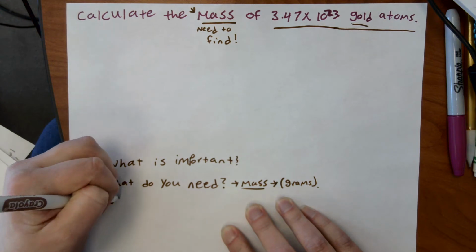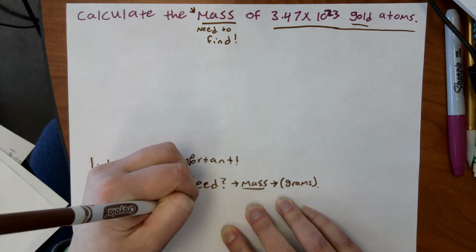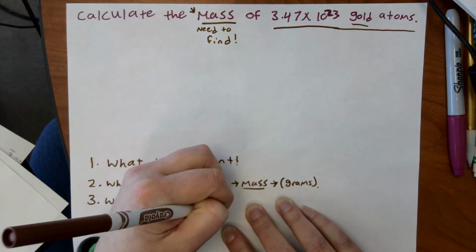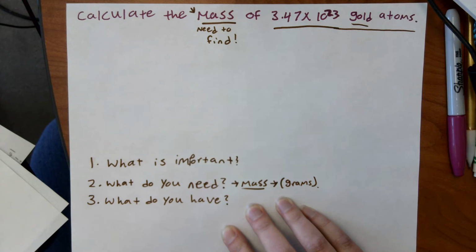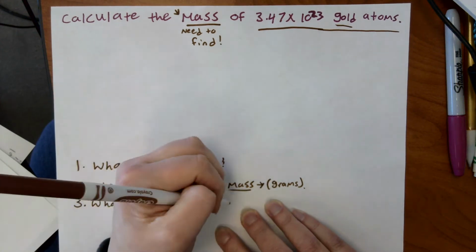Number 3. What do you have, or what are you given? You're given a number. You have this many gold atoms.